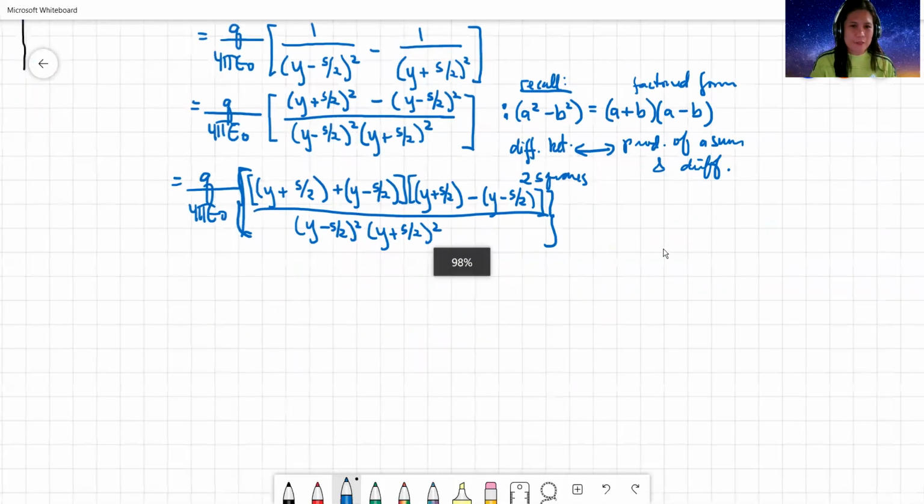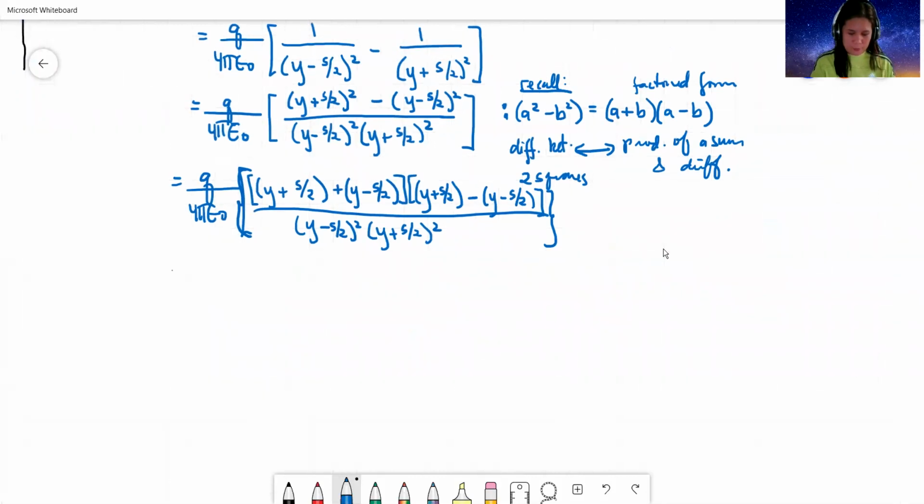So we have q over 4 pi epsilon sub naught. Let's look at the top. This is y plus y, it becomes 2y, and then s over 2 plus this is 0.